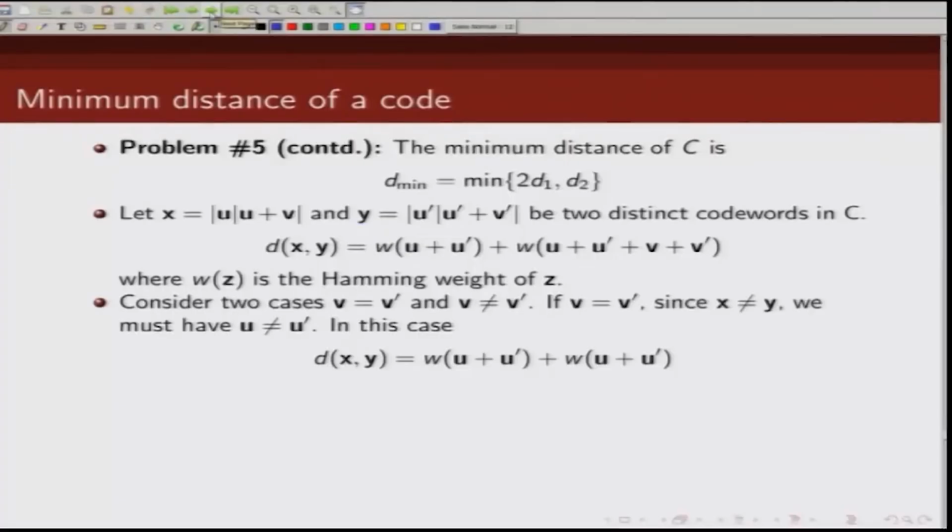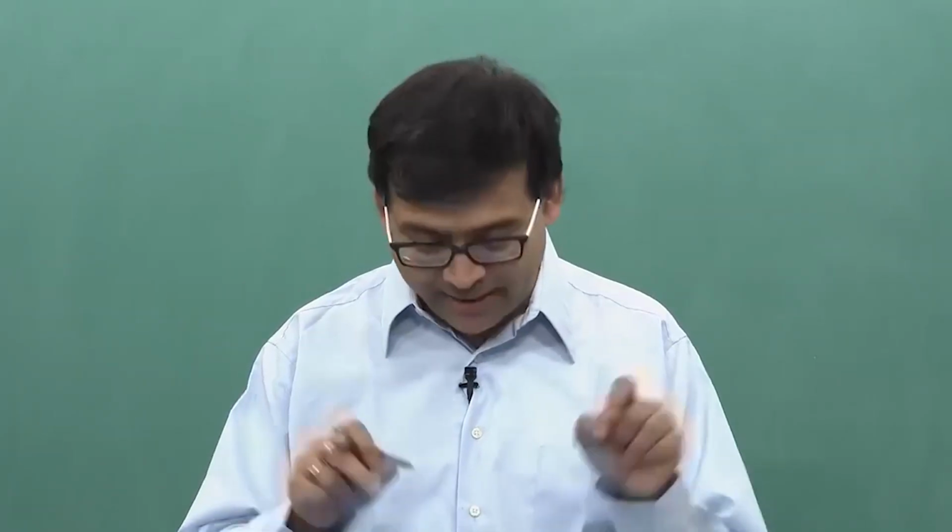Now, note x and y are distinct code words. So, let us consider two scenarios. In the first case, we consider v is the same as v prime. In the second case, we consider v is not the same as v prime. If v is the same as v prime, since x and y are distinct code words, u is not the same as u prime.